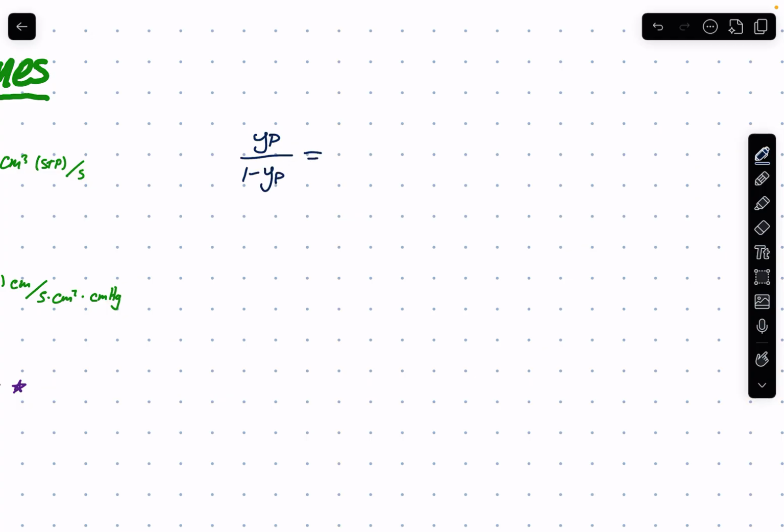So this is yP over 1 minus yP is equal to alpha star times (pH x naught minus pL yP) over (pH (1 minus x naught) minus pL (1 minus yP)).